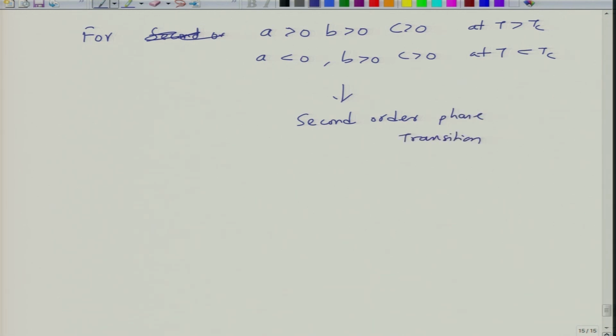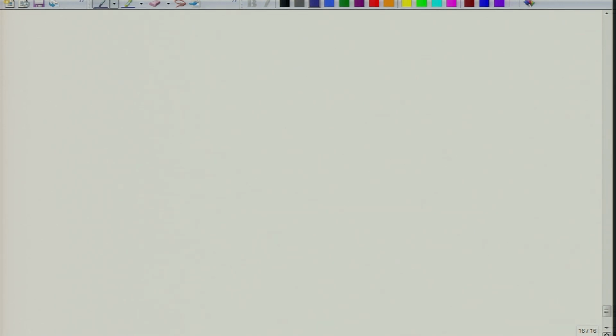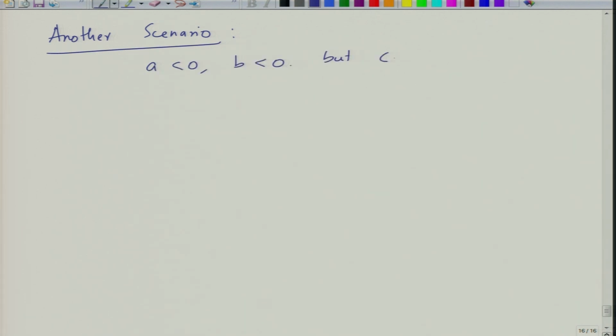Now, let us see what happens if we consider a different scenario. So, another scenario is A less than 0, B less than 0, but C is greater than 0.